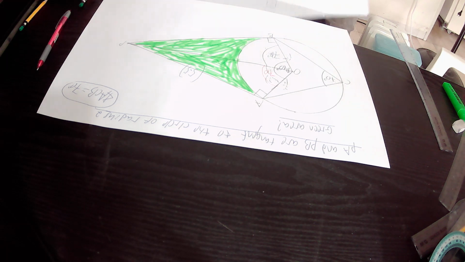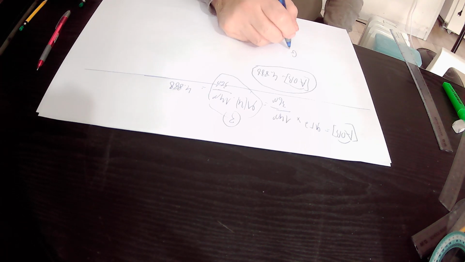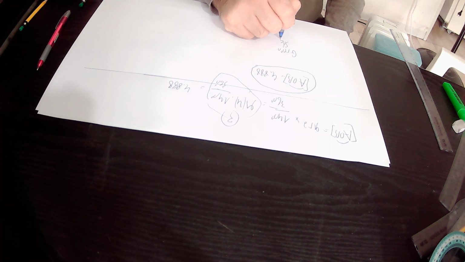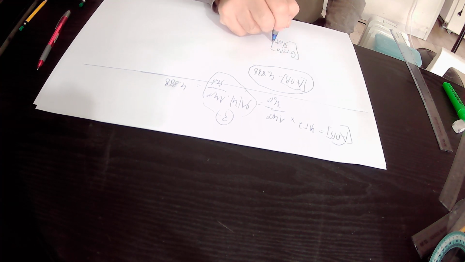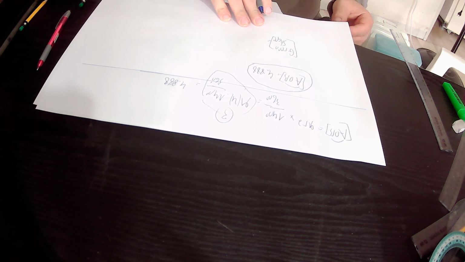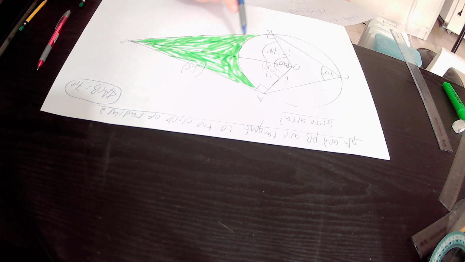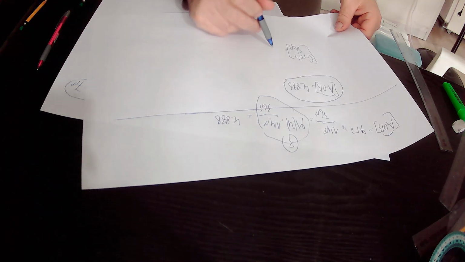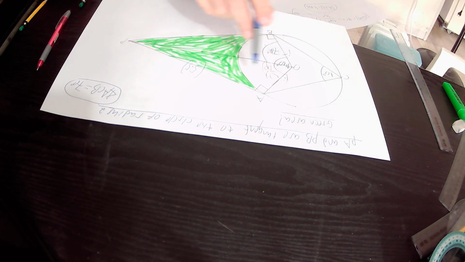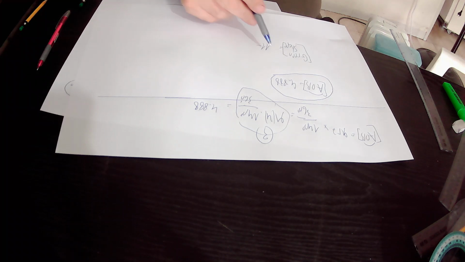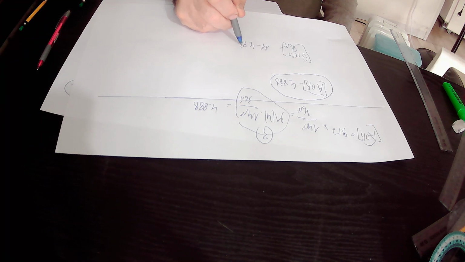So the area of the green shape is equal to the area of quadrilateral AOBP, that is the sum of the areas of the upper right triangle AOP plus the area of the lower right triangle OBP, and we already found out that the sum of the areas of those two right triangles is equal to 11 square units, minus the area of this sector, sector AOB, and we just found out that the area of sector AOB equals 4.888 square units.